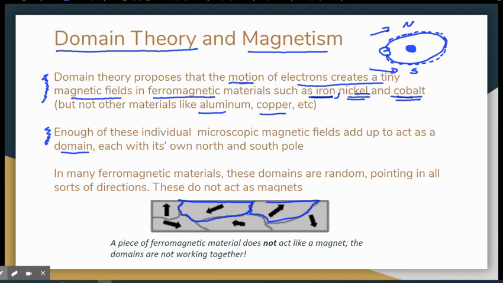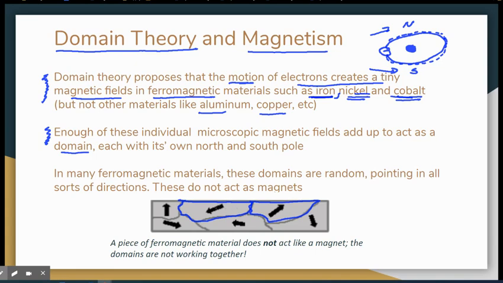If you consider the difference between these two domains that I've highlighted, in this domain, if this was a piece of iron, all the atoms are lined up and working together in this region, and they're working together in this region, but they're side by side to each other. Notice that they don't overall work together. This is why much of the iron that we find in the world doesn't act as a bar magnet.